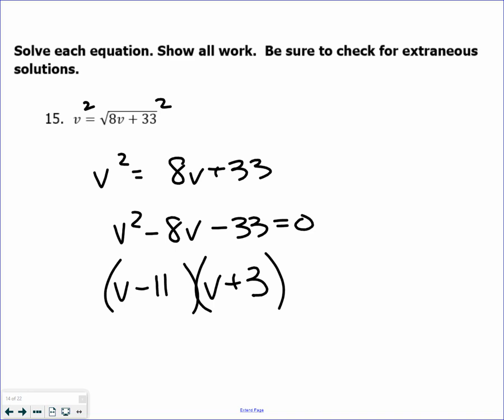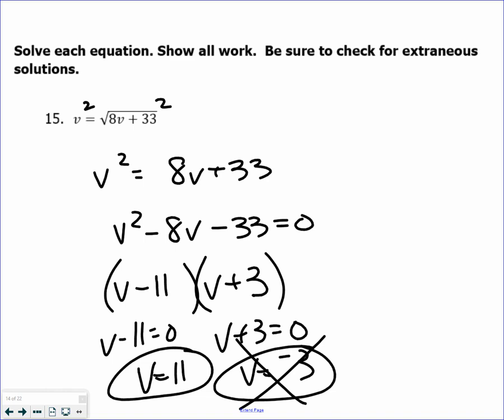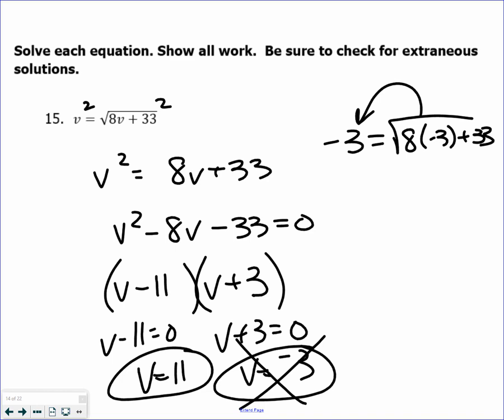So factors of -33 that would get me -8. Set the parentheses equal to 0 and solve. So I get 2 answers. But again, always check to see if your answers cause any issues. And actually this one will not work because -3 equals the square root of 8 times -3 plus 33, and that can't happen. You can't have a radical equaling a negative, and so therefore the only answer to this question would be v equals 11.